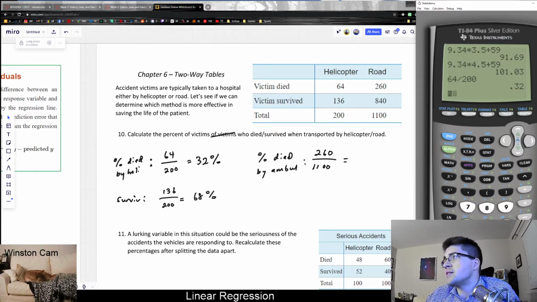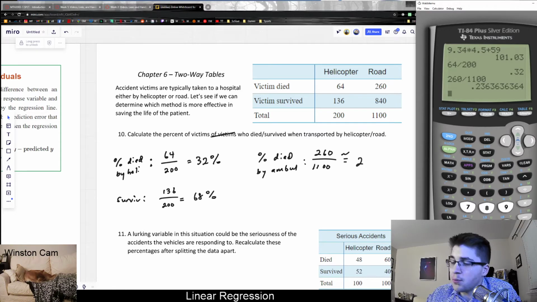So 260 out of 1,100 gives us approximately 23.6% died by ambulance, and the rest, 840 divided by 1,100, survived.